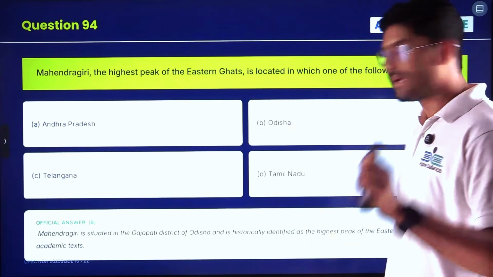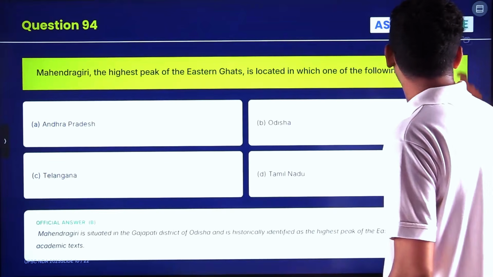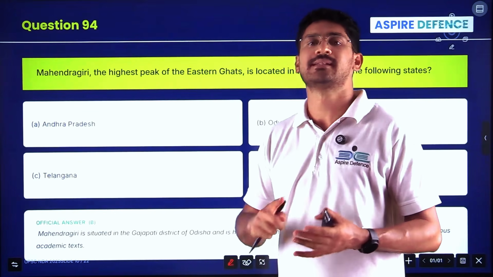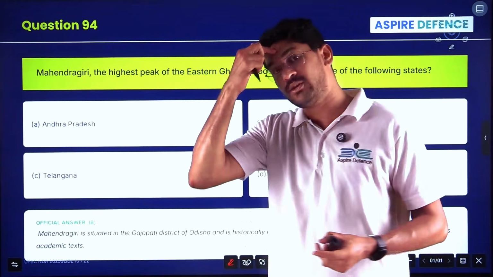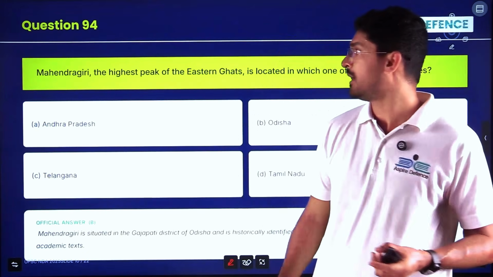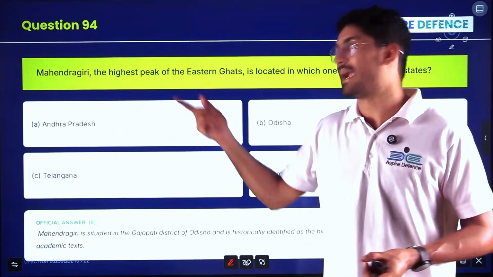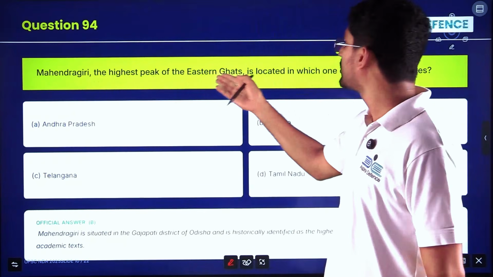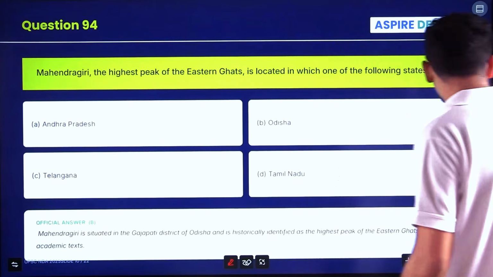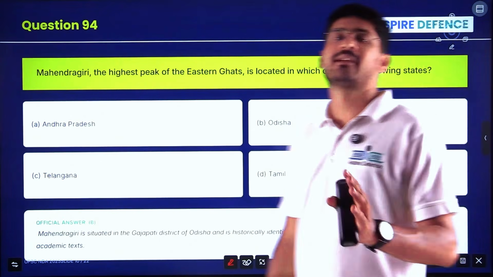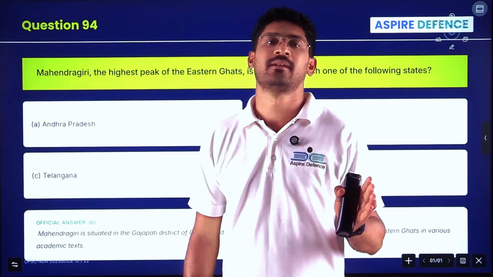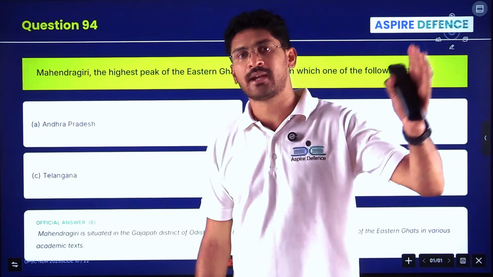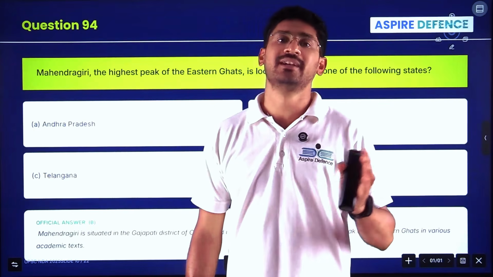Next, important peaks, I already told you. Indian mapping is very important: rivers, mountains, passes, peaks. Any new current affairs geography also becomes linked to static geography. Mahendragiri, the highest peak of Eastern Ghats, is located in which state? Which is the highest peak of Western Ghats, of Aravalli Hills? Which is the highest Indian mountain peak?